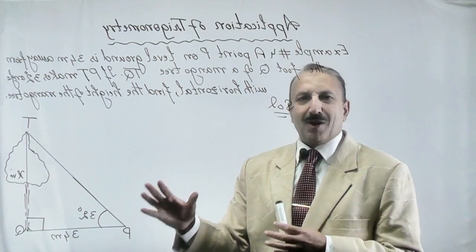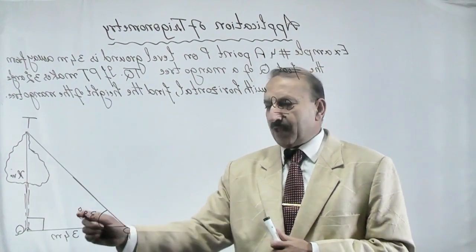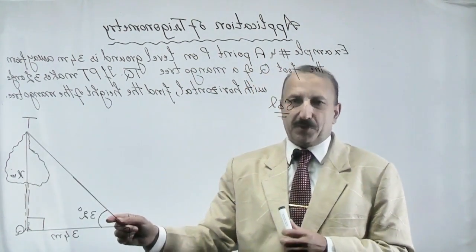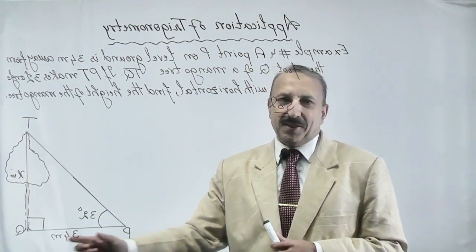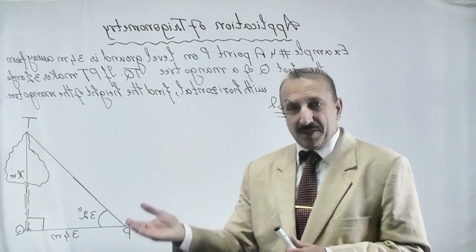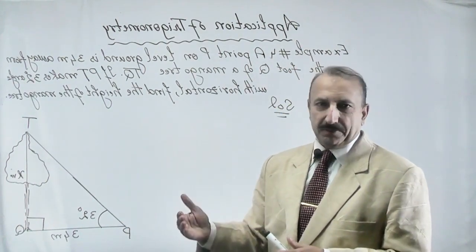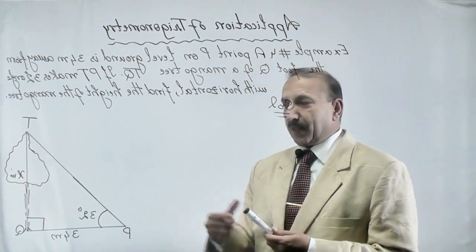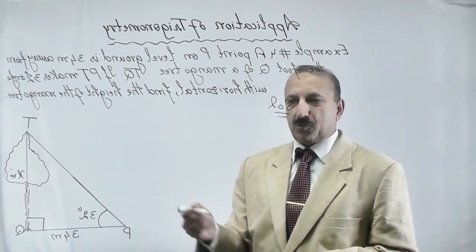Now if we focus on the figure here, as I explained earlier, first of all we are supposed to analyze what sides are given. This is the angle, and opposite to this angle 32 is this side, and this is adjacent. Now we will think what trigonometric ratio adjacent and opposite give. That will help us to find the height of this tree.